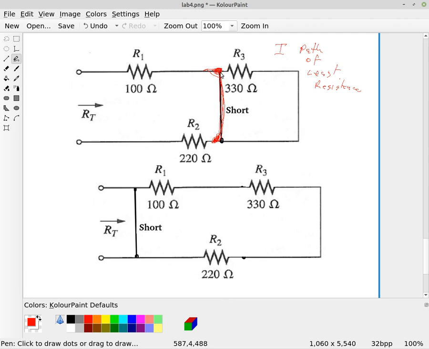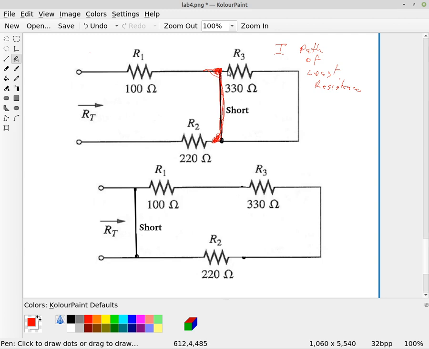Every device actually has some resistance. However, a copper wire's resistance, we calculated a little bit of that in a previous class. We see that the resistance of a piece of wire is usually just a fraction of an ohm, where this resistor is 330 ohms, plus there's some other wire going on over here.